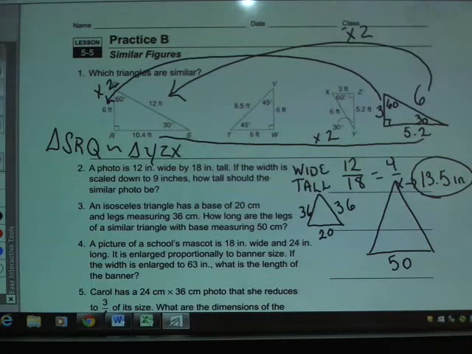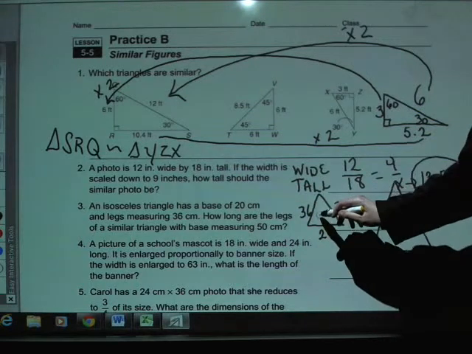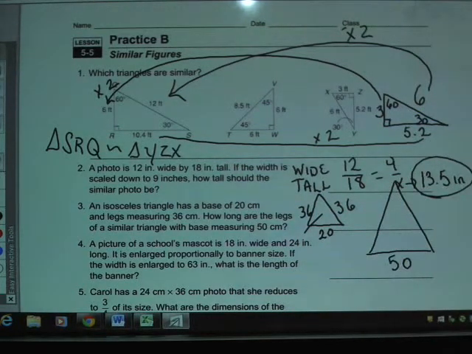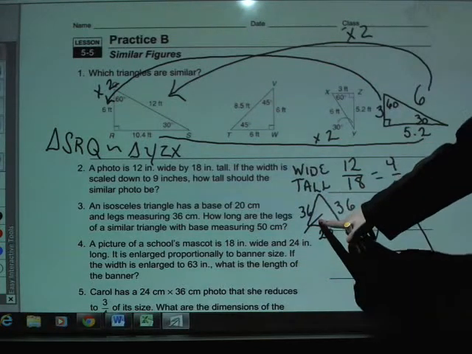Well, remember, you can find a common multiplier here, but to go from 20 to 50, we might not see that very clearly. So we can also write a fraction. And remember, all you're going to do is you're going to throw a fraction bar in your drawing. All right? What you want to use here is either the 36 and 20 like that, or 36 and 20 like that. You don't want to use 36 and 36. Why?